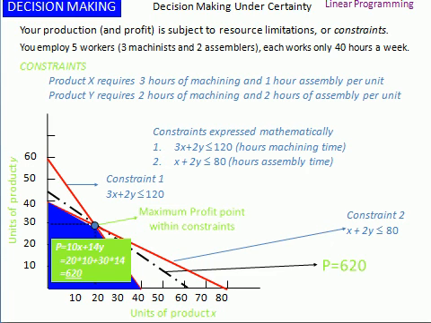Second constraint is about the assembly hours, so x plus 2y here is the assembly time, it should be equal to or less than 80 hours of assembly.